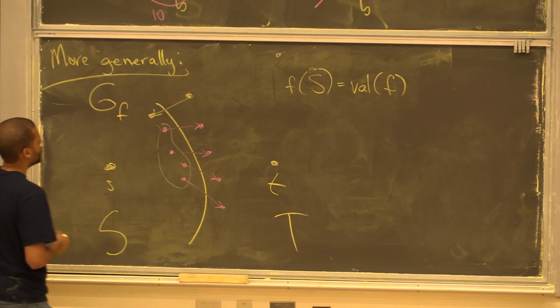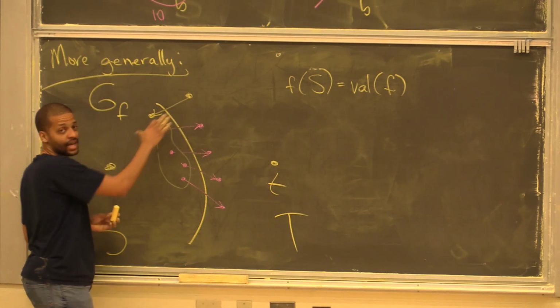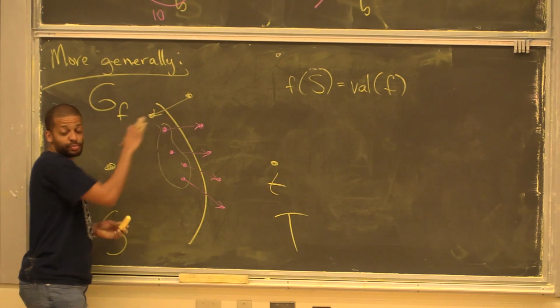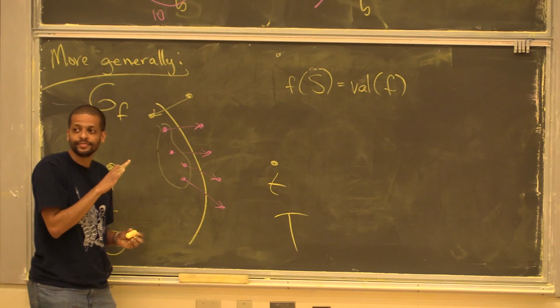If I look at any edge that's going from the T side to the S side, could that edge possibly be pushing any flow?